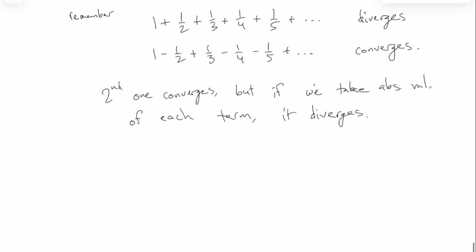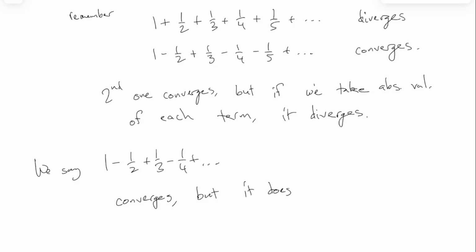And so the terminology we use here is we say 1 minus a half plus a third minus a fourth, etc., we say that this converges, but it does not converge absolutely.